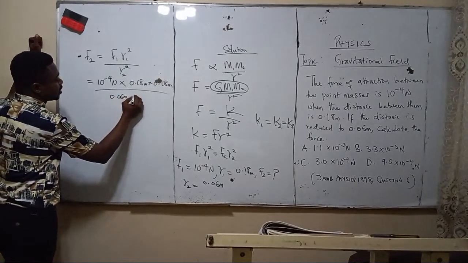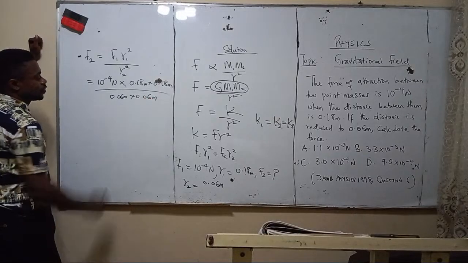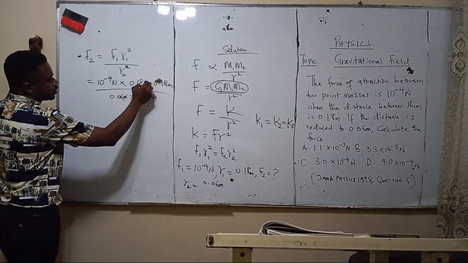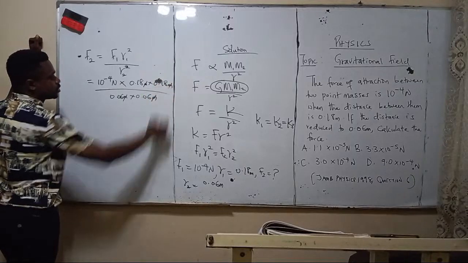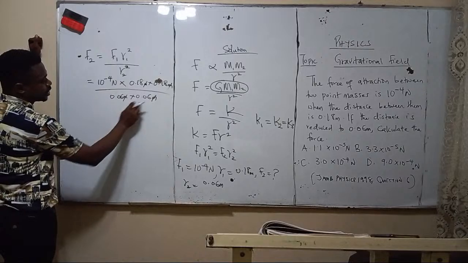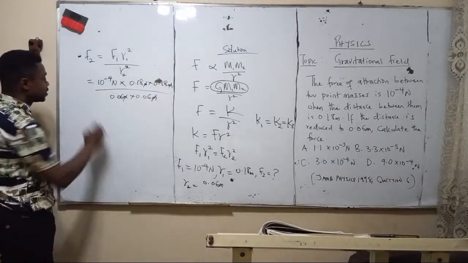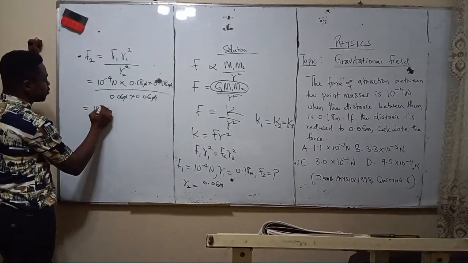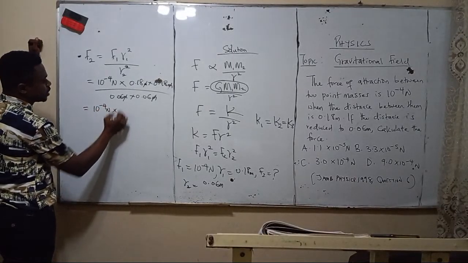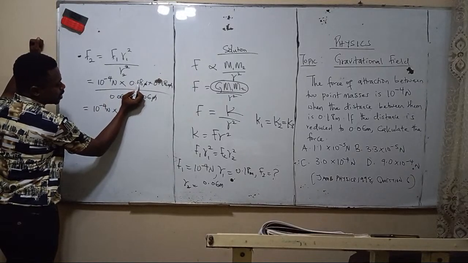Of course, meter will cancel meter. So what is left? Let's move this to exponential form, or scientific or standard form, so we can easily cancel out. So it's now 3 raised to power minus 4 Newton times, and this decimal point will move from here to here.